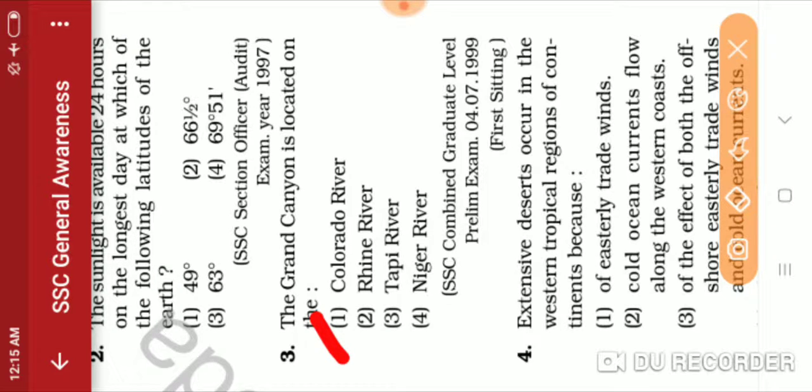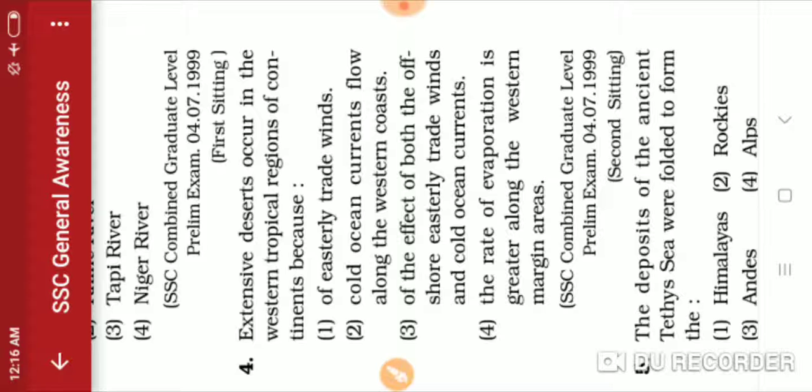Next question is that extensive desert occurs in the western tropical region of the continent. It's because the Sahara Desert is there only.